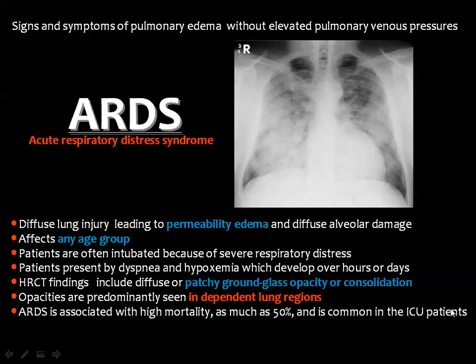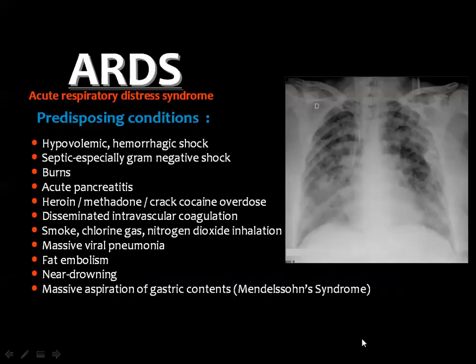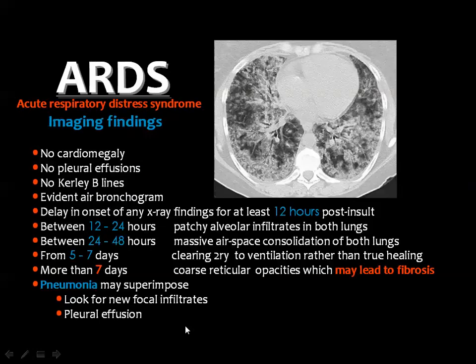The high-resolution CT findings will show patchy ground glass opacities or areas of consolidation, and the opacities are usually in dependent lung regions. ARDS is associated with high mortality, as much as 50%, and is commonly seen in ICU patients. These are the predisposing conditions, which are almost similar to those previously mentioned under the title of NOT CARDIAC.